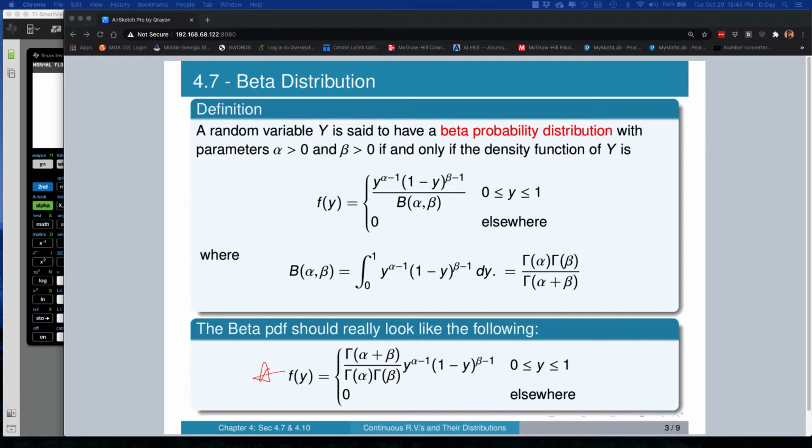This is really what you should use if you're asked to do an integral, because we can deal with those nice whole numbers thrown in for alpha and beta. It's easier to deal with, and since there's also no calculator function that deals with this, and we're not going to be able to write any little nifty programs on your calculator, we'll deal with this PDF right here. So you have to be given everything in there to be able to utilize this.